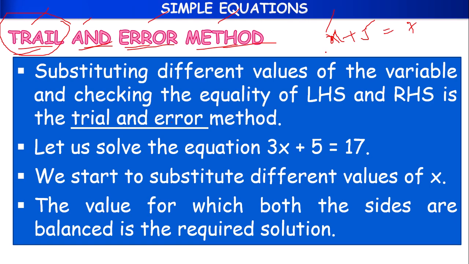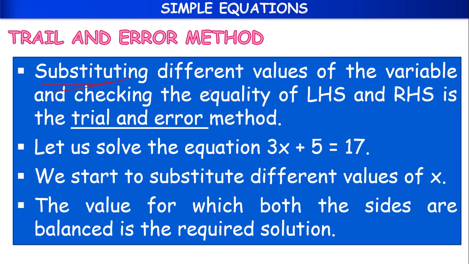Like that we go on trying with different values until the equation becomes true. That kind of method of solving an equation is called the trial and error method. Trial and error method means just by guessing we are trying to find the values.